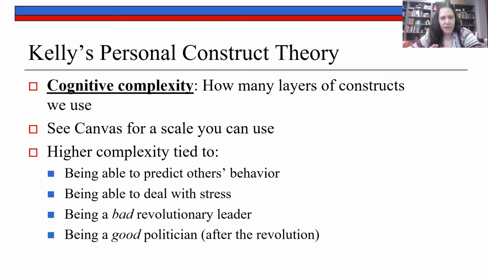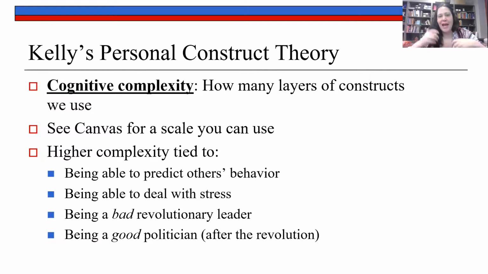So the last part of this first mini lecture is the idea of cognitive complexity. As we age, we tend to have more constructs, more layers in our construct, but one individual difference that you might have different from the person sitting next to you. I assume that no one is sitting next to you right now because we're all supposed to be isolated, but in general, how you might differ from other people is your level of cognitive complexity.